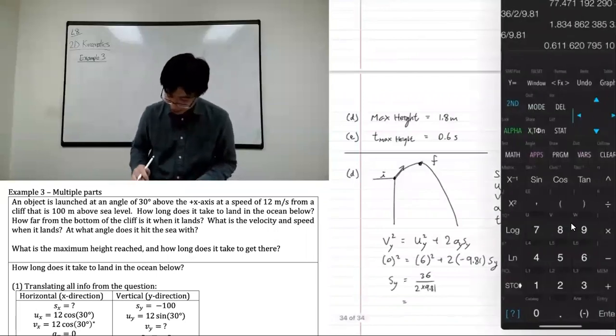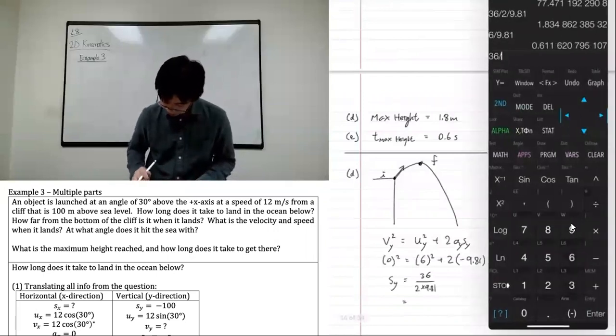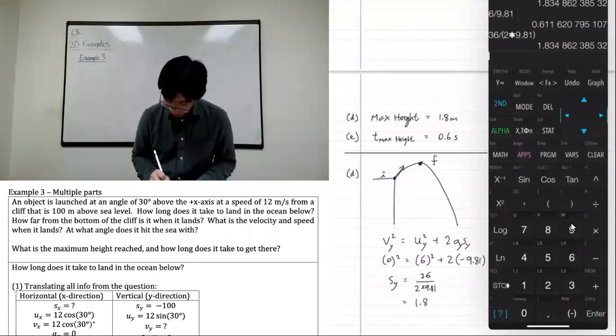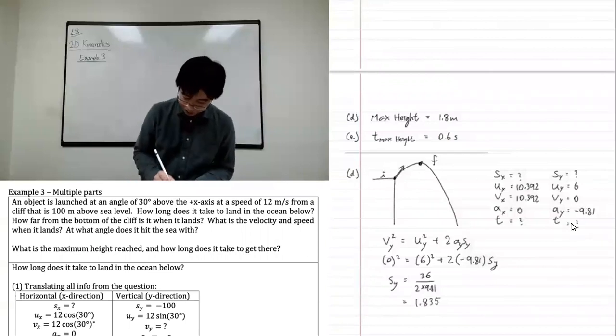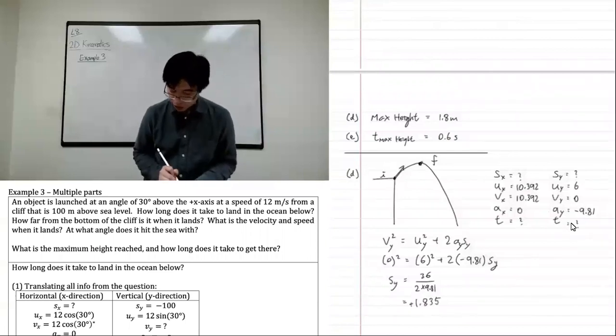We plug that in the calculator and I get 1.835, but that will round up to two significant figures nicely, and this is positive, so that makes sense because it's a positive displacement, right? So that's around 1.8 meters there, what we've found.